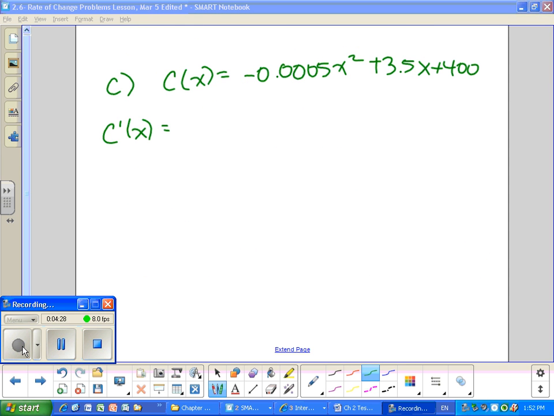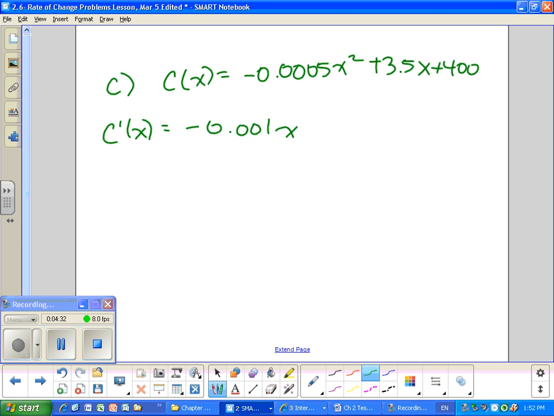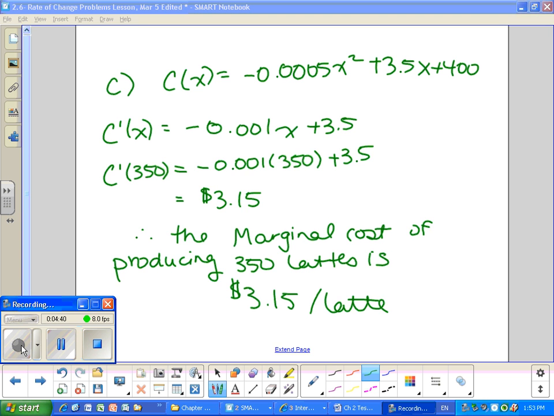So to find C prime of x, we have negative 0.001x plus 3.5, and then we were asked at 350 lattes. What would it be? So it cost this company $3.15 just to make the latte.